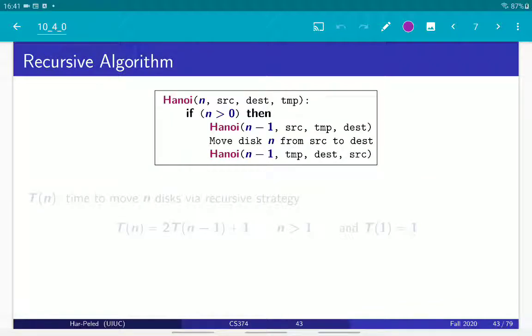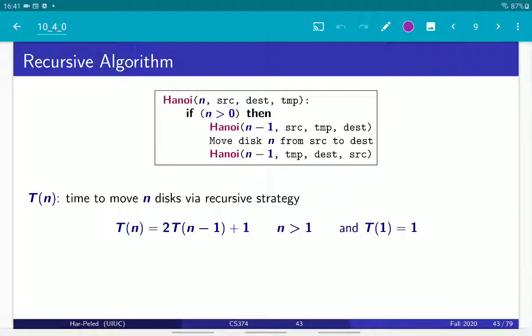Here's the pseudocode for this, which I'm sure you've seen earlier in your academic career, and you get this recurrence. Moving a tower of n disks requires two times moving a tower of n minus 1 disks, plus 1. Now, of course, we're interested in the value of T(n).